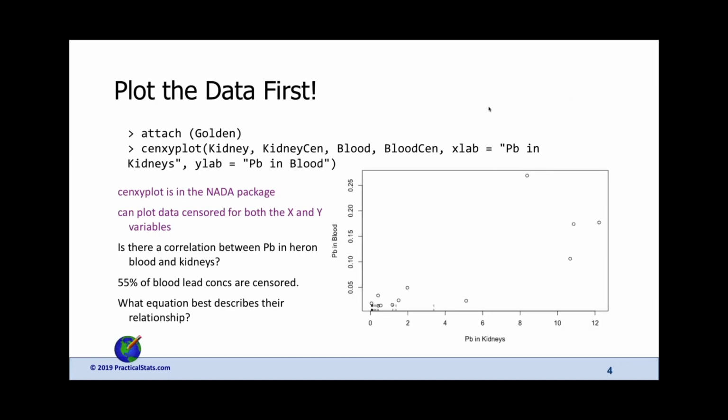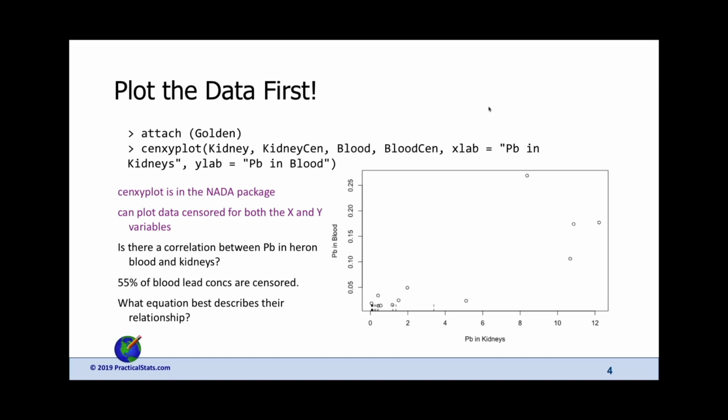So the first thing you want to do with any analysis is to plot the data first. This is a data set that comes with the NADA package in R. It's also used in the textbook that I wrote on this topic in 2012 that you may be familiar with. If not, send me an email and I will certainly tell you the name and all of the information about that book.